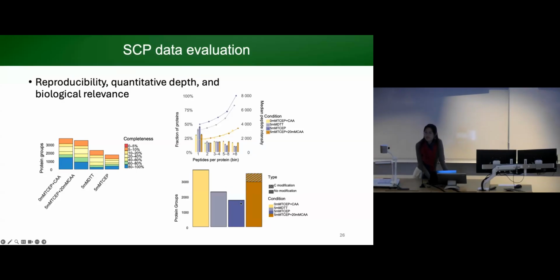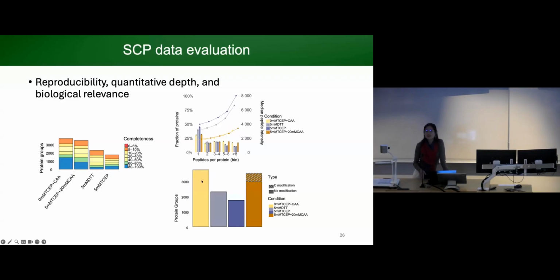Then what I want to emphasize is this graph here, which shows the number of features, or I guess the number of proteins we can see depending on the conditions that we use. With reduction and alkylation, we are seeing a little bit of a decrease in the total ID as well as the reproducibility shown earlier. But you are actually identifying these 500 proteins that are going to be missed if you don't do the reduction and alkylation.